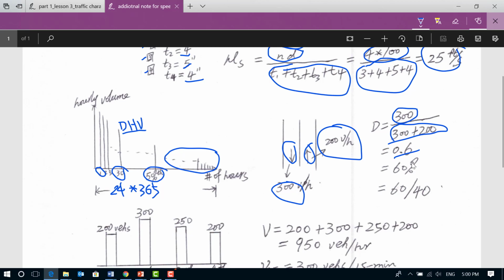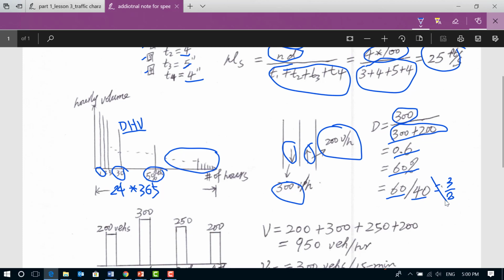Then the directional factor can be calculated as 0.6. In different license exams, sometimes we find it expressed as 60%, and sometimes expressed as a split of 60 and 40. Don't consider that to mean the directional factor equals 3/2.